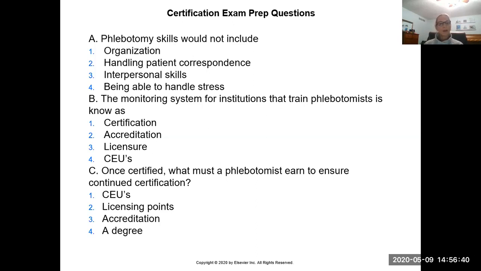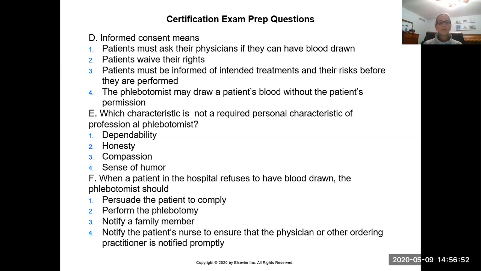Once certified, what must a phlebotomist earn to ensure continued certification? You guys remember? CEUs. Informed consent means what? It means that patients must be informed of intended treatments and their risks before they are performed.